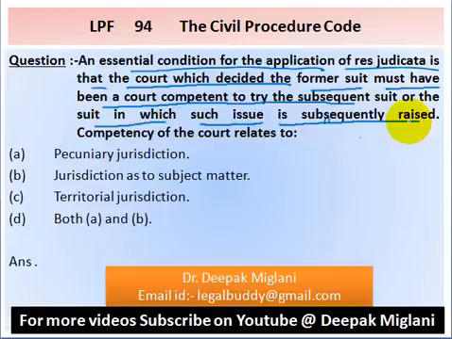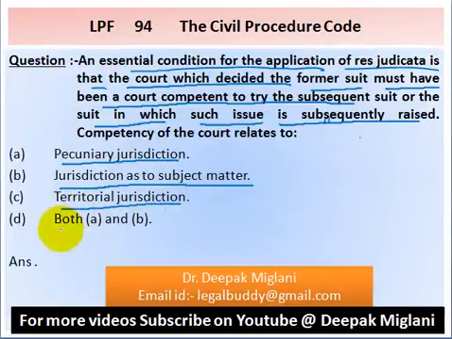Competency of the court relates to option A, pecuniary jurisdiction. Option B, jurisdiction as to subject matter. Option C, territorial jurisdiction. Option D, both A and B. Answer is competency of courts relates to pecuniary jurisdiction and jurisdiction as to subject matter. So answer is option D.